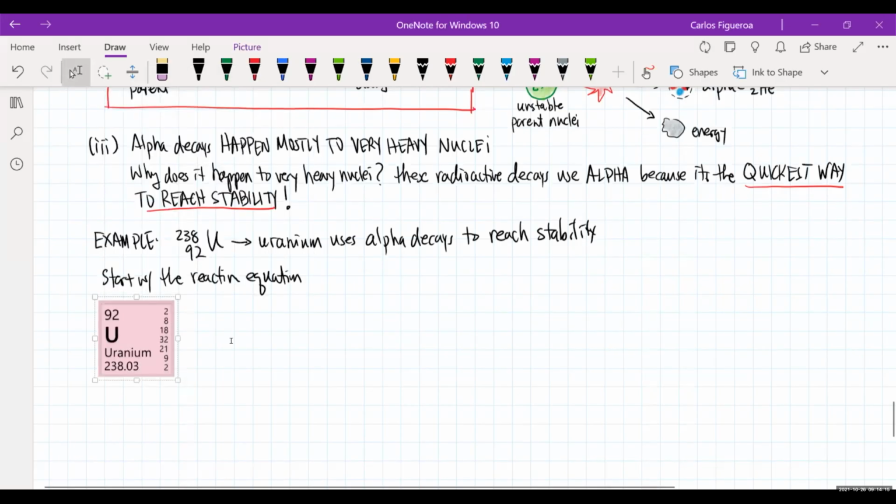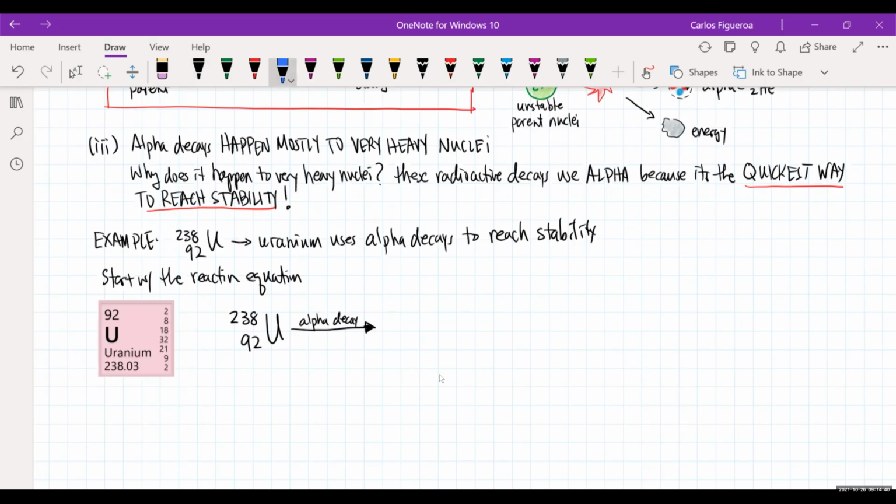When I write the details of uranium, look what I have: 238.92. And then what's it going to do? It's going to do an alpha decay. As a process of this, it has to emit an alpha.